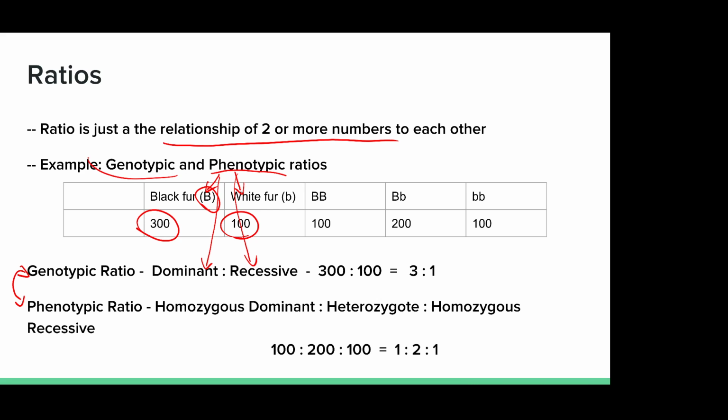The genotypic ratio is the relationship of the genotypes: homozygous dominant, heterozygous, and homozygous recessive. So the homozygous dominant, there are 100 of them. Heterozygous, there are 200. And homozygous recessive, additionally, also 100.